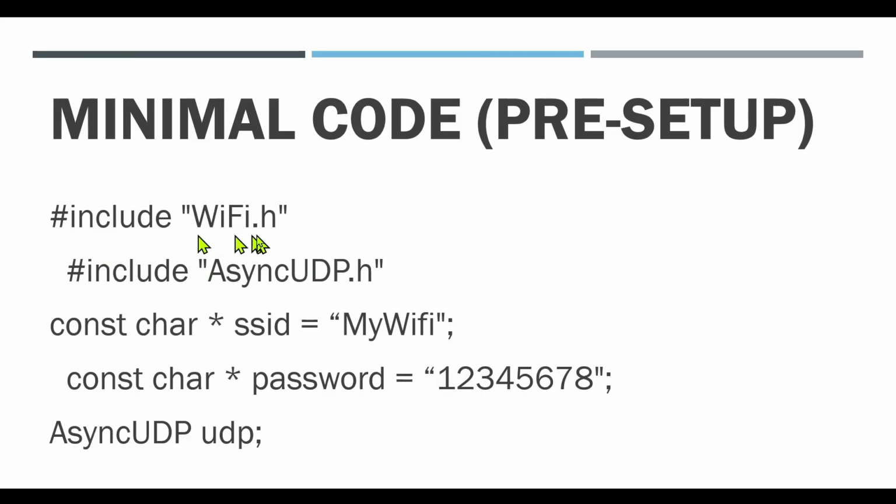First we are going to include the WiFi.h library and the AsyncUDP.h library, and then you have to enter your Wi-Fi router details, its name and the password, and then you have to declare AsyncUDP as udp.